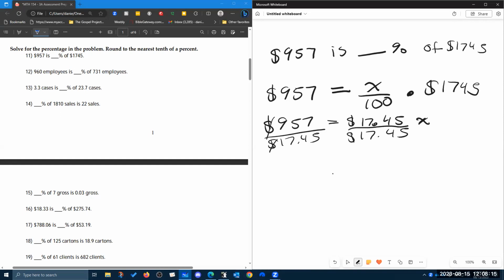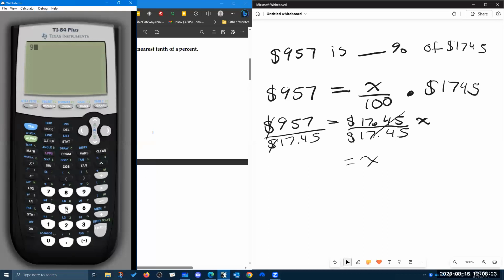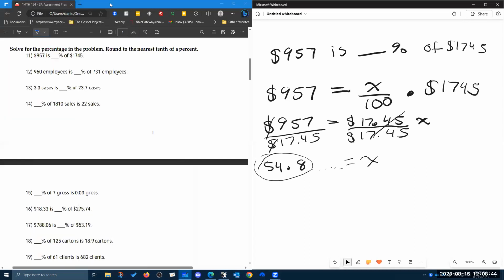When I do that, my units will cancel. I'm solving for x here, and 957 divided by 1745 is 54.8, all those other numbers, but it's the same percentage, 54.8% that I got before.